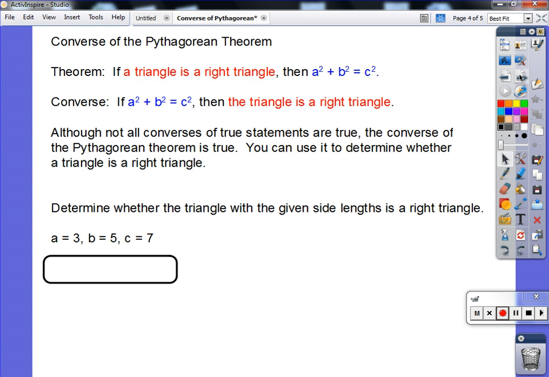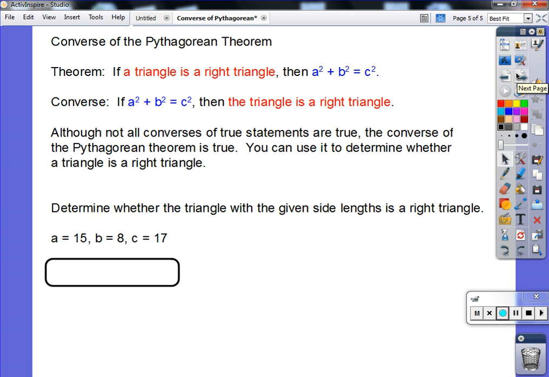Let's take a look at one more example. Let's say that my a value was 15, and my b value was 8, and my c value was 17. So I'm going to write down my Pythagorean theorem.